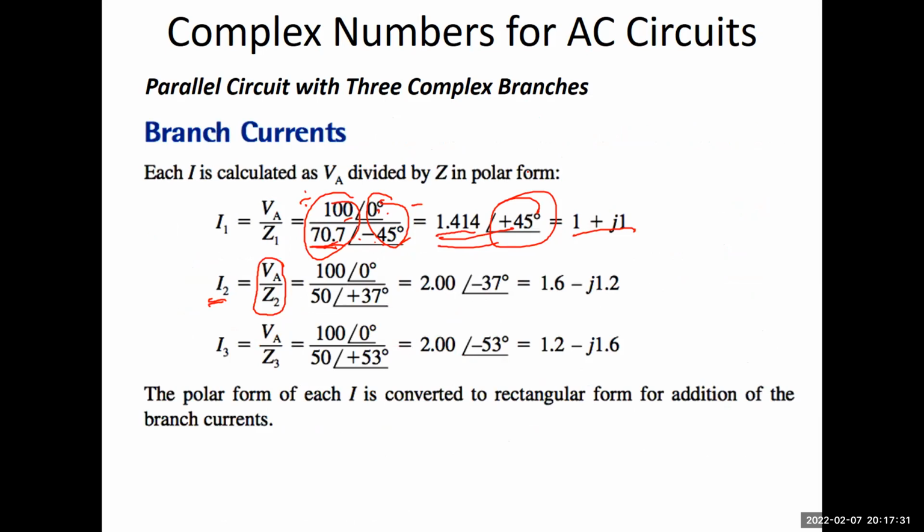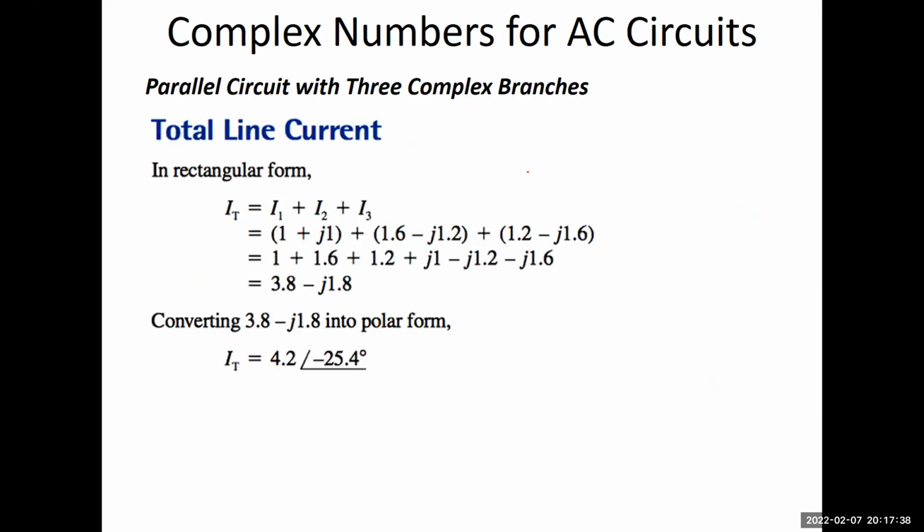And that is how you compute for the branch currents. To determine now the total current, you simply add the currents. So we have I total equals I1 plus I2 plus I3.